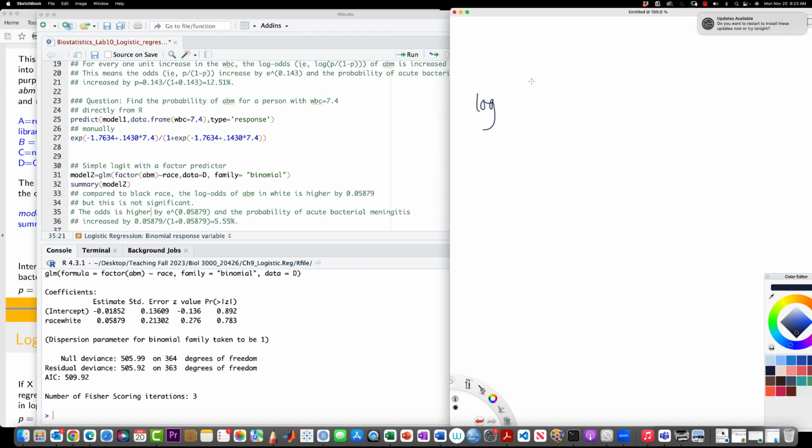So logit of p equals b0, which is negative 0.1852, plus 0.5879 times race white. This is what we got. So how do we interpret the result? It means white have 0.5879 more log odds.